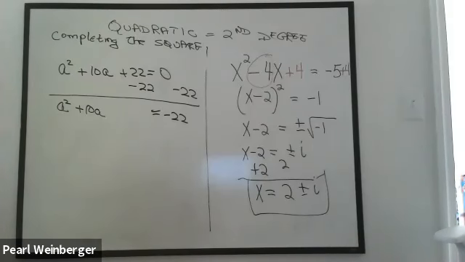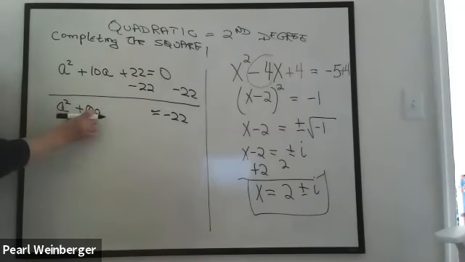Okay, if you thought about it, remember what I told you to do. Take the number in front of the variable, the number that is not the squared one. The coefficient of this term is 10. I divide it by 2, that gives me plus 5.